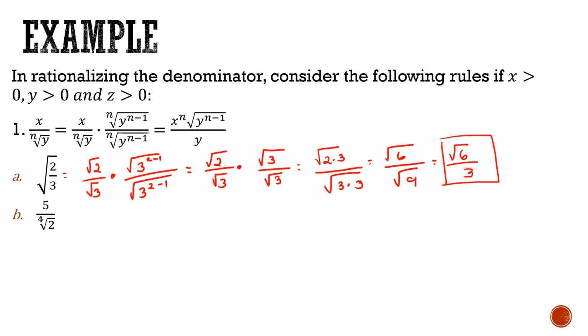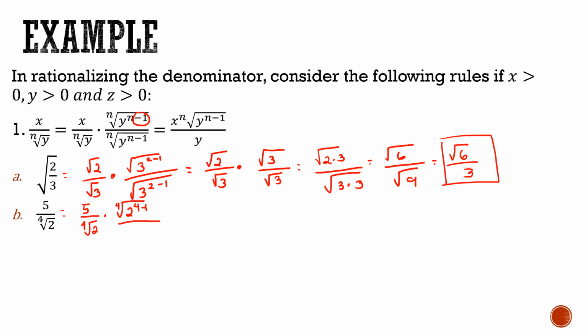Letter B, 5 over the fourth root of 2. So we can write this as 5 over the fourth root of 2 times the fourth root of 2. And since our index is 4, we will write this as 4 minus 1. Remember, 1 here is a constant.